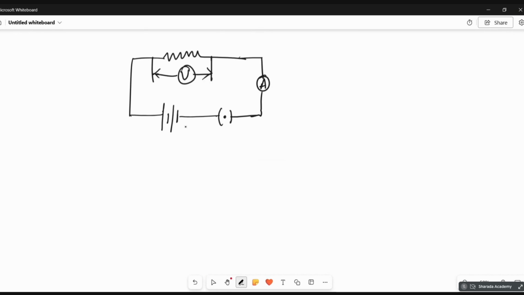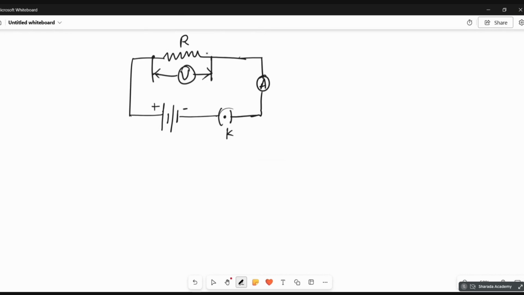So this is a battery which will give you the potential difference required, because of that only current will flow. This is the positive terminal, negative terminal. This is the key; key means it is a switch to turn on and off. And this is a resistor.